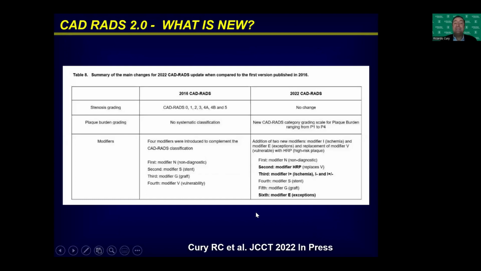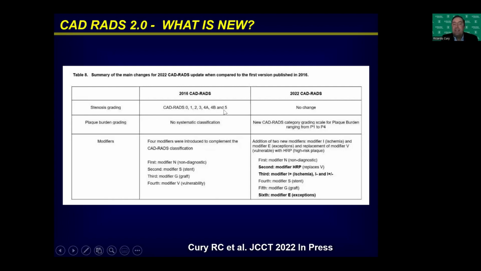So, what is new? In the first version, the main focus was stenosis. We had the stenosis grading from 0 to 5, and the most severe stenosis would be counted: minimal, mild, moderate, severe, broken down in 4A and 4B, with single-vessel and two-vessel disease for 4A, and left main disease in 4B.